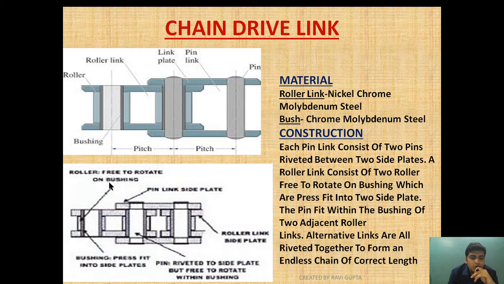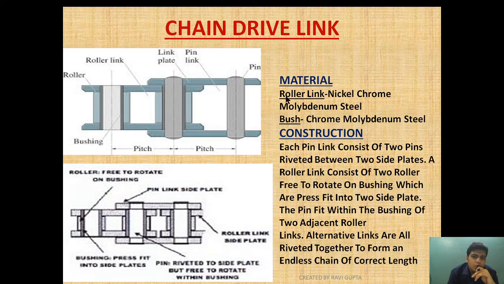The roller, which is wrapped around the bushing, is also free to rotate. Once the pin is located, the end of the pin is riveted to make it a complete, solid structure.